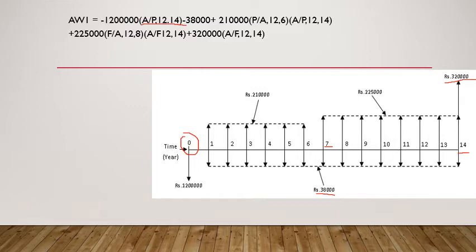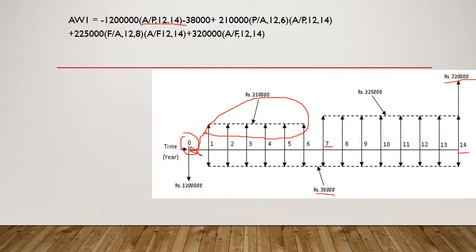There is no factor which can convert A into A. That's highly impossible. So first I need to convert this annual worth of 6 years into P at t equal to 0, and then I will convert that into A of 14 years.